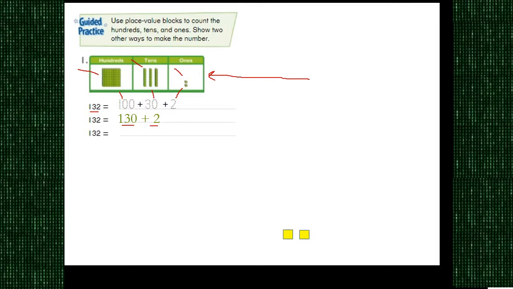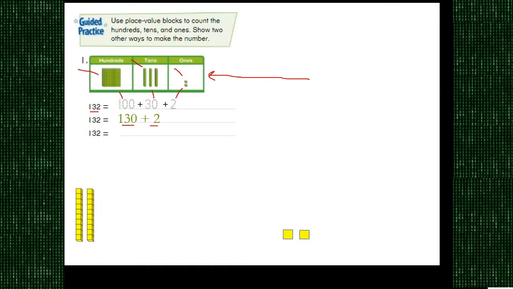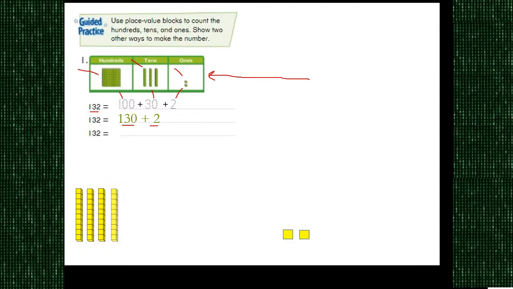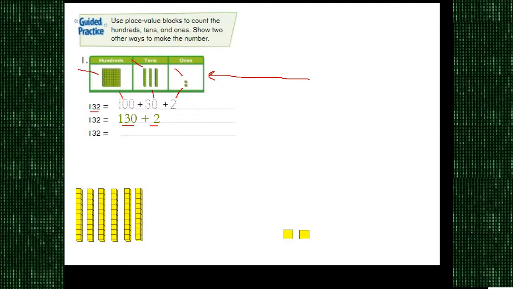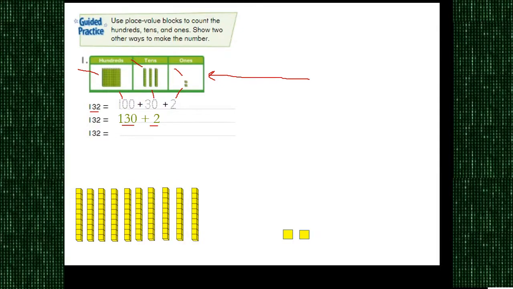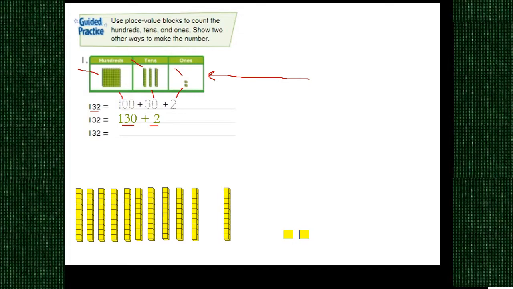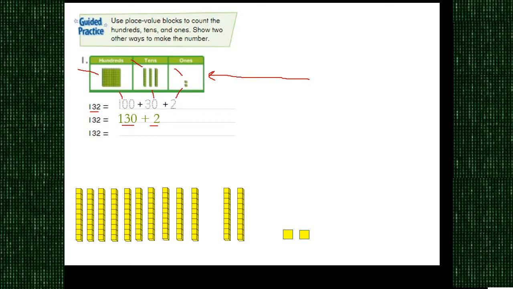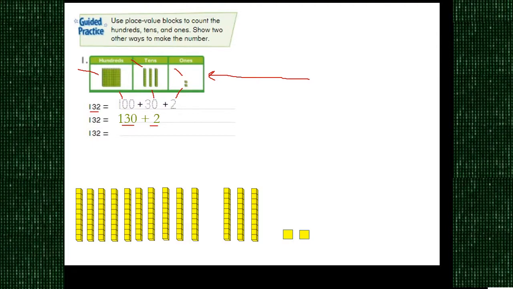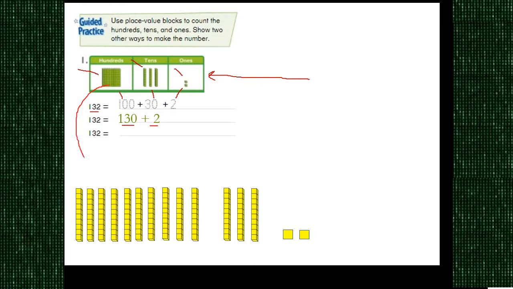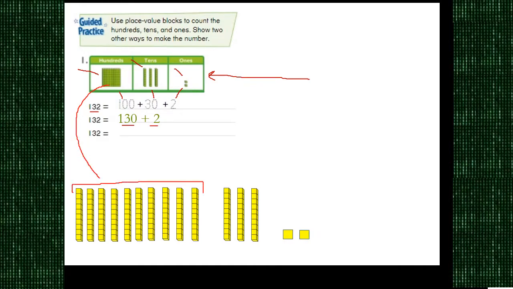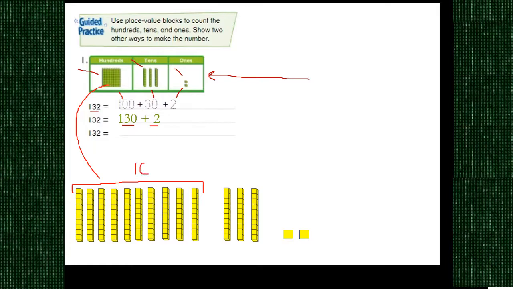Let me show you what I mean. We can have this 10, 20, 30, 40, 50, 60, 70, 80, 90, 100, 110, 120, 130. See what we did? We got rid of this hundreds block and we made tens rods, 10 of them. That's still 100.